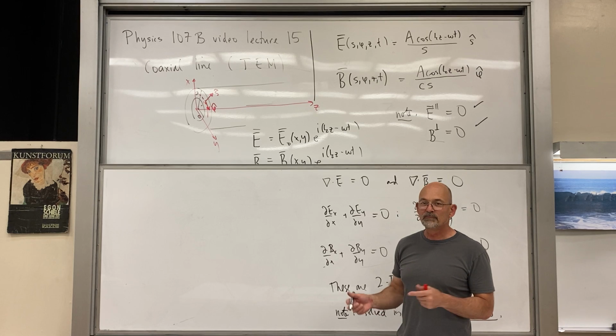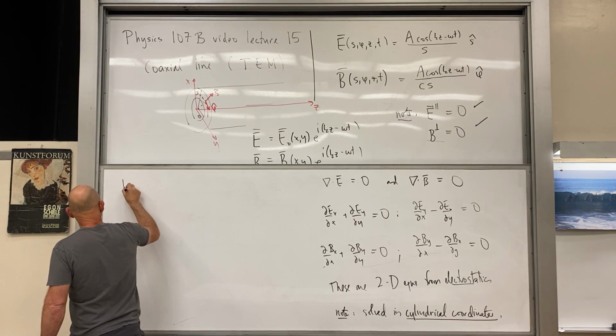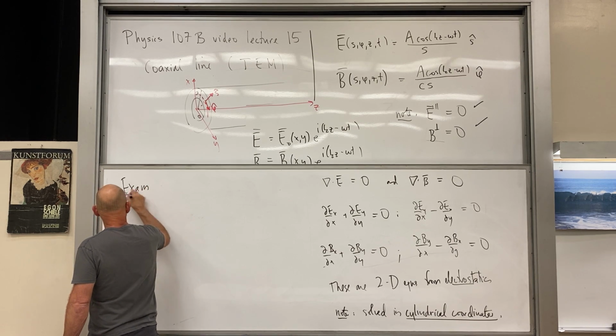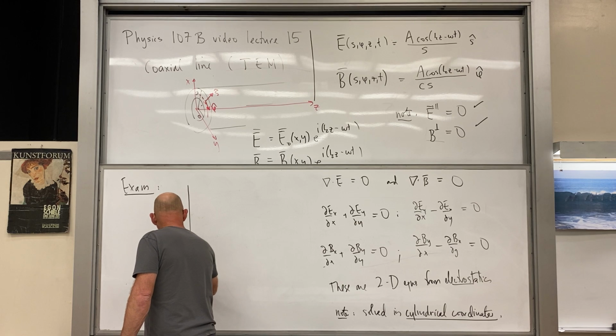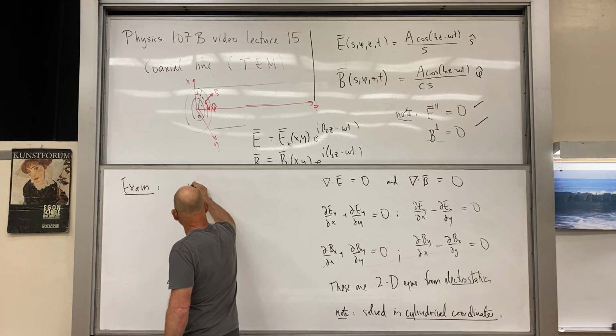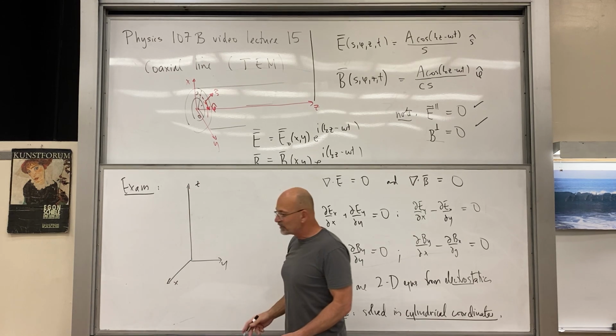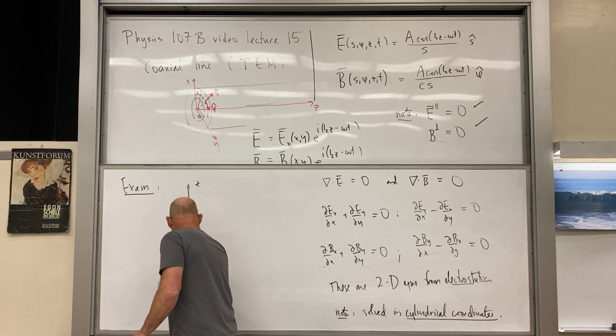We can think of it as a particle beam. So let's make the particle beam in the z direction like this. We've got x, y, z. We've got an infinite beam of particles out to radius a.